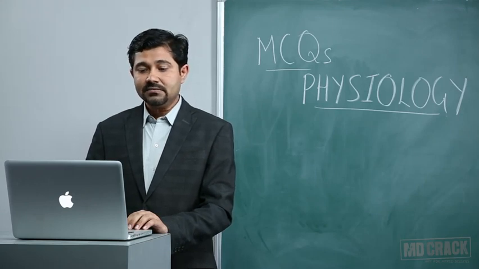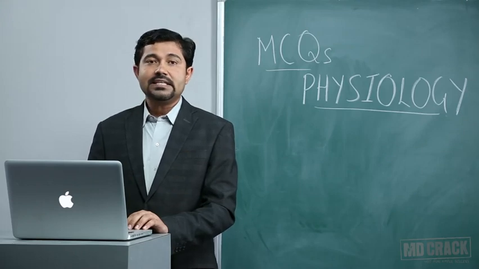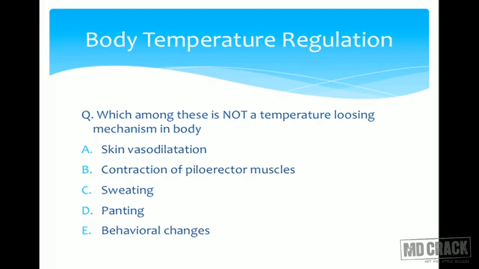Which is that factor? Yes. So the correct answer is enterokinase. That is the one which is going to cause the stimulation, and ultimately the trypsinogen will be converted into trypsin, and the chymotrypsinogen will be converted into chymotrypsin, and that will cause the activation.